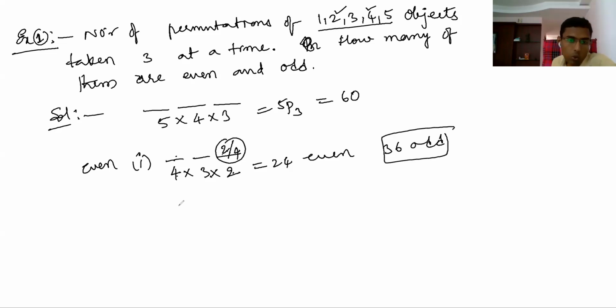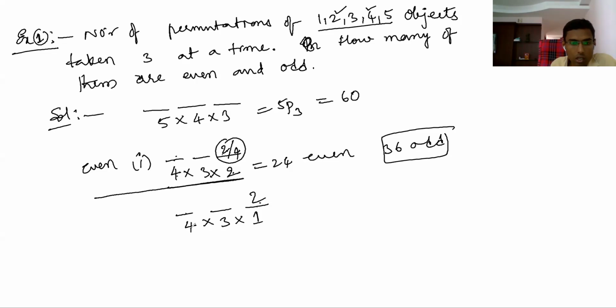So here you can do this in 2 ways. One is to fix 2 at the end. Then the remaining 4 digits you can arrange in 4 ways, and then 1 digit is used, so 3 digits are left, which you can arrange in 3 ways.